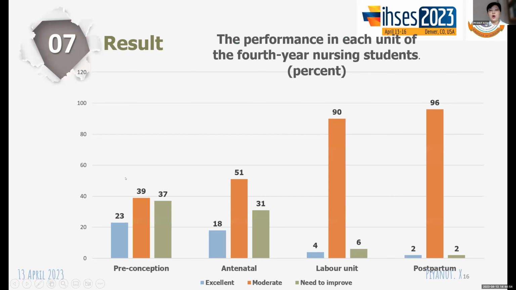And this is the result. The performance in each unit of the fourth-year nursing students. The blue one is excellent, the orange is moderate, and the green one is needs improvement. We found that our students were at a moderate level in every part, such as preconception, antenatal, labor unit, and postpartum as well.